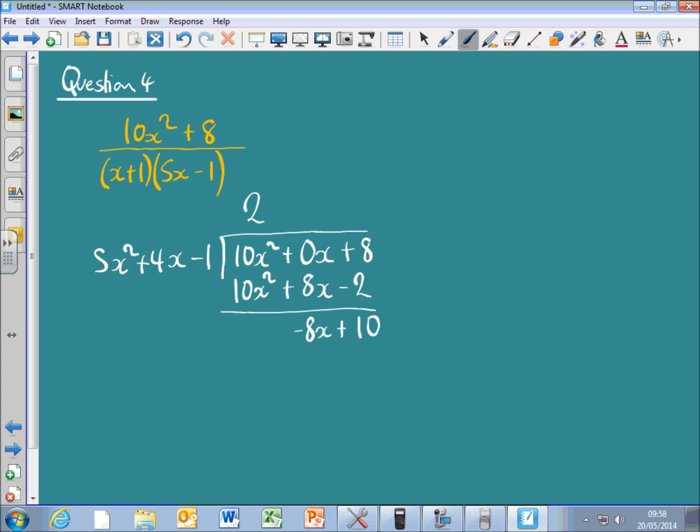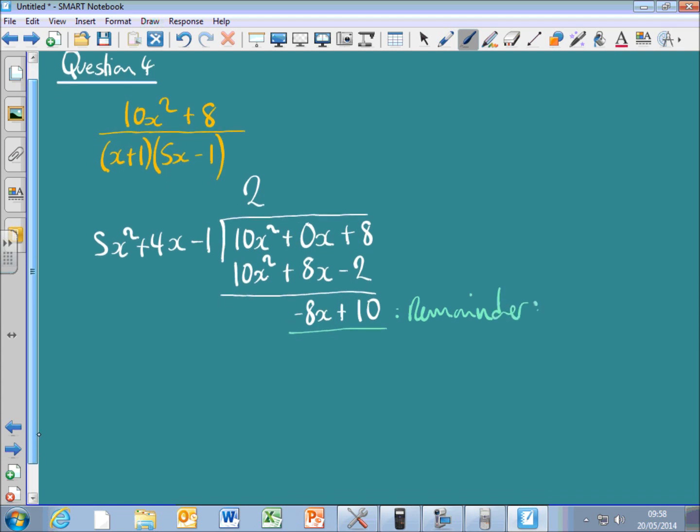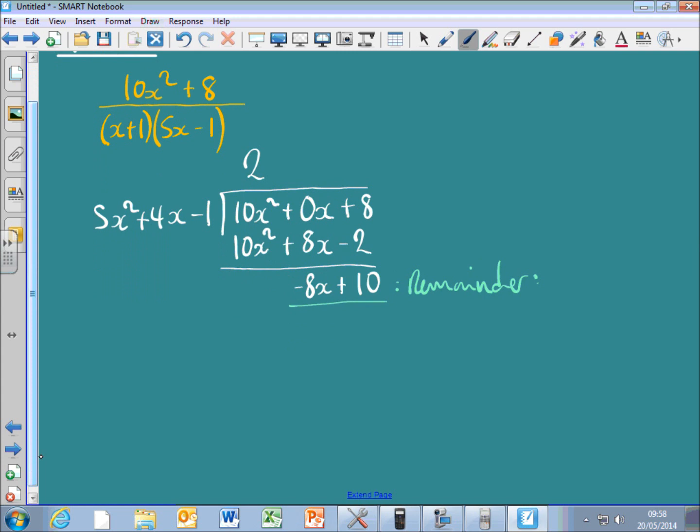So what we found is when I divide 10x squared plus 8 by x plus 1 multiplied by 5x minus 1, it goes in twice, but there's a remainder of minus 8x plus 10. This is the remainder. Which means that I can rewrite this fraction first of all like this: 10x squared plus 8 over x plus 1, 5x minus 1.